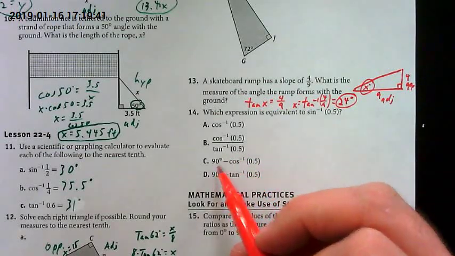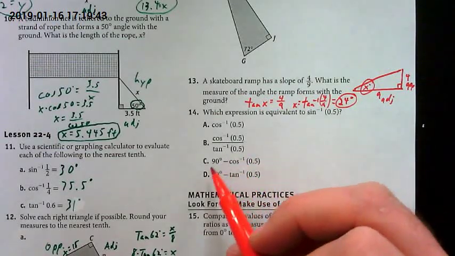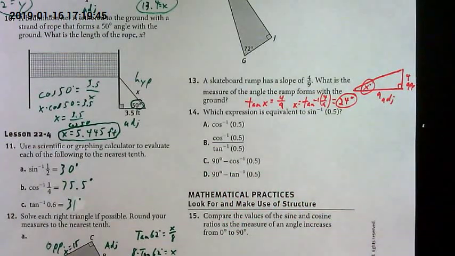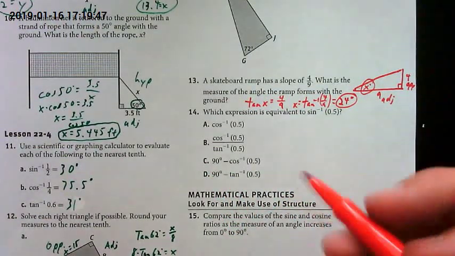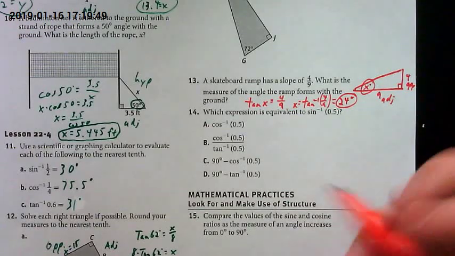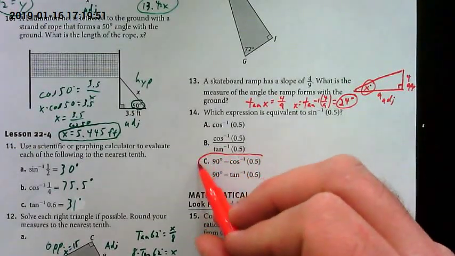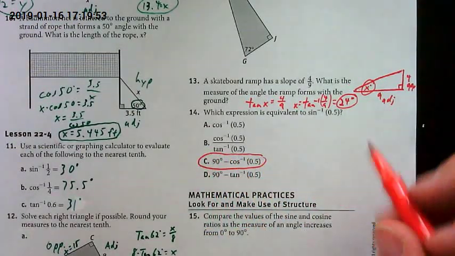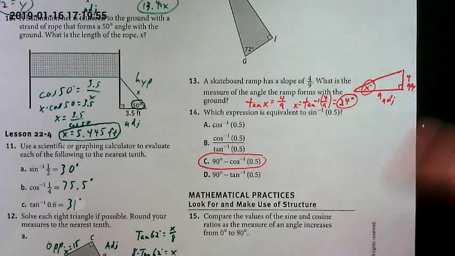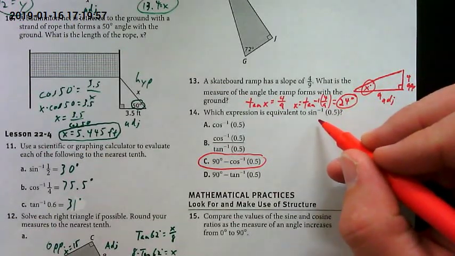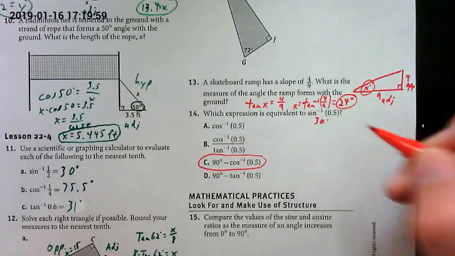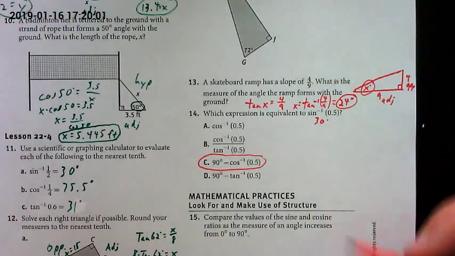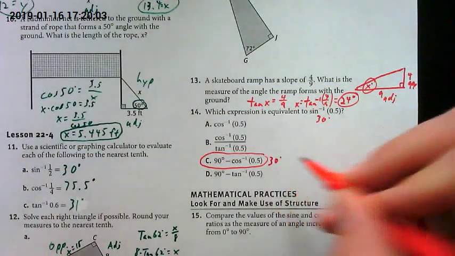We're subtracting whatever angle this is from 90. Therefore, we're talking about its complement. So again, you could, without really doing the math, figure out that it's C based on that idea. It's probably easiest just to do what you did and solve each one. This would give you 30. If you were to plug in for each of these other ones, this one is also 30.